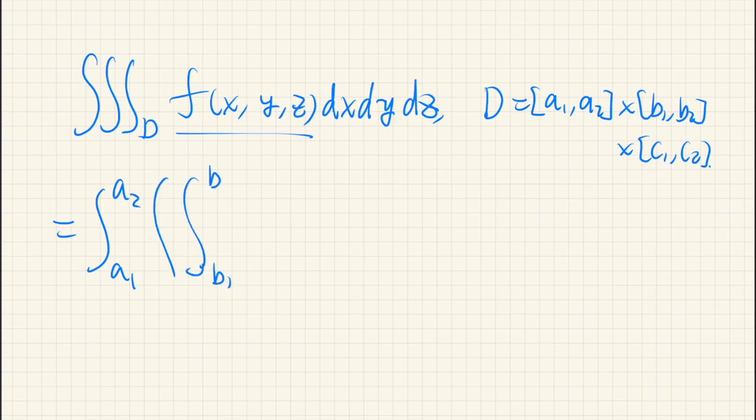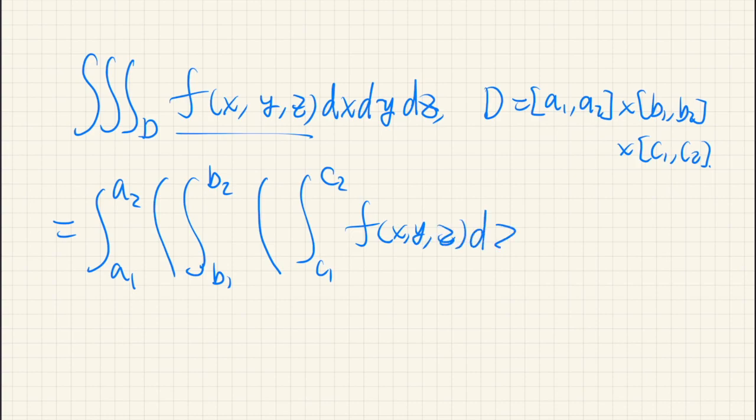Integral from b1 to b2, integral from c1 to c2, of f of x, y, z. First integrate with respect to z, then with respect to y, and then with respect to x. Of course, you can swap the orders. You can first integrate with respect to x and so on.